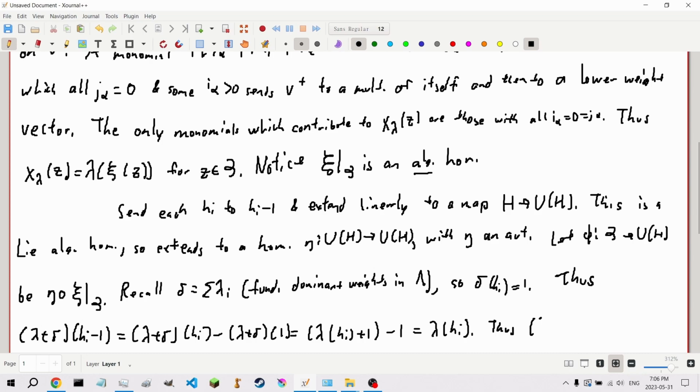Thus, lambda plus delta of psi z is lambda of xi z.